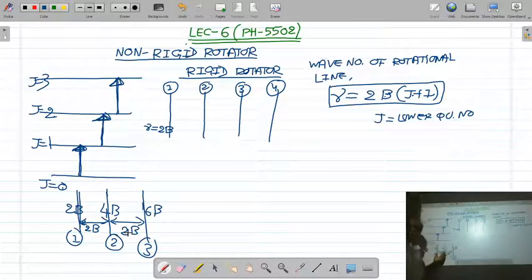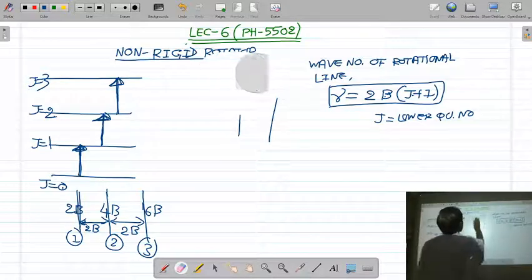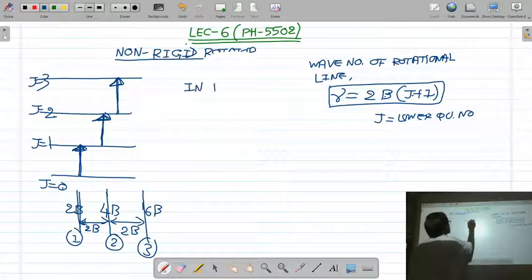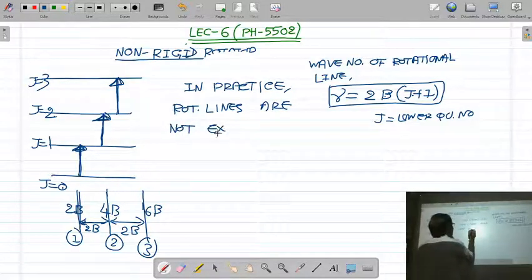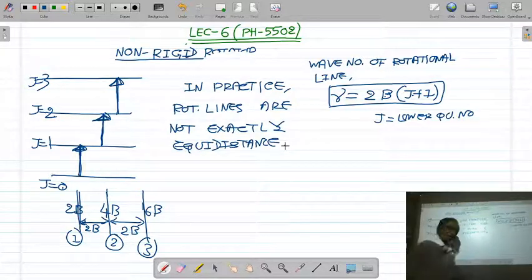Actually, they should be, but in practice the rotational lines of the molecule are not exactly equidistant.